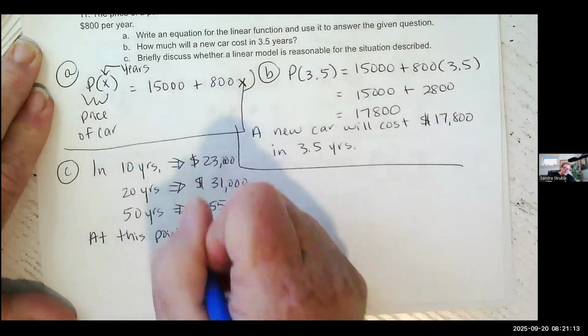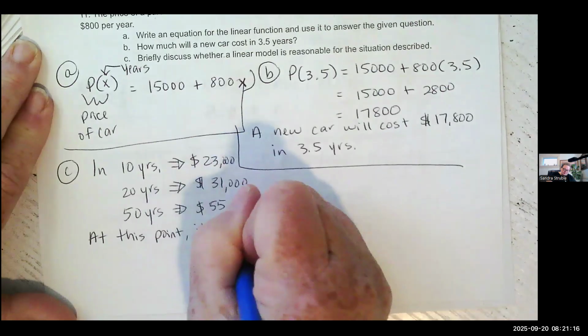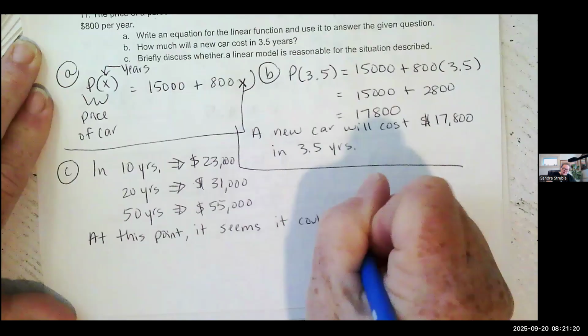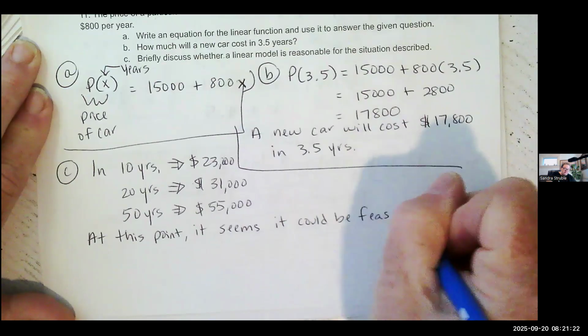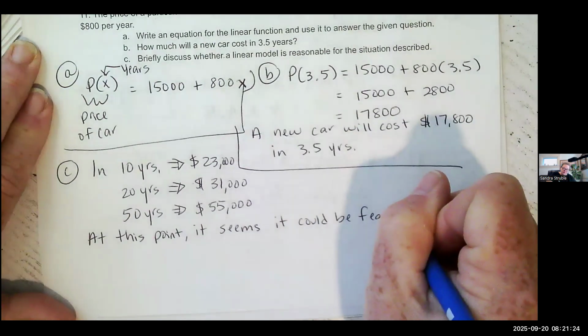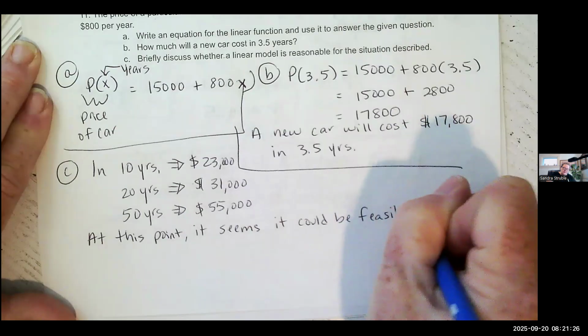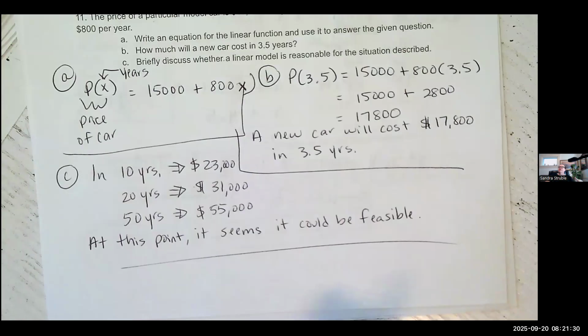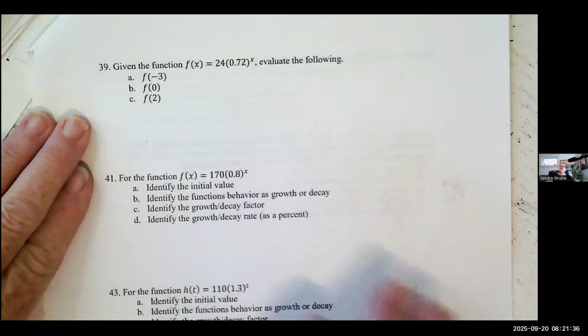It seems it could be feasible. I don't know how to write feasible. It could be valid. It could be feasible. It could be reasonable. Choose a word. It doesn't matter. What matters is that you let me know.